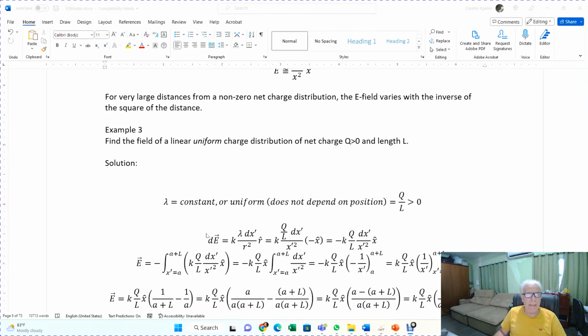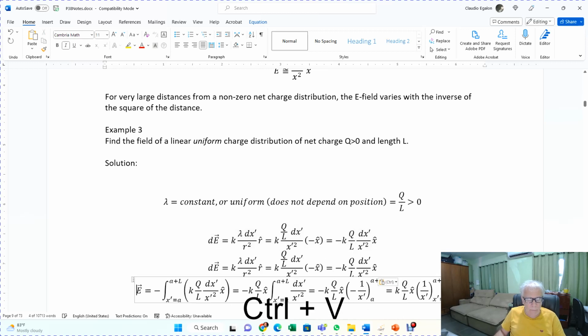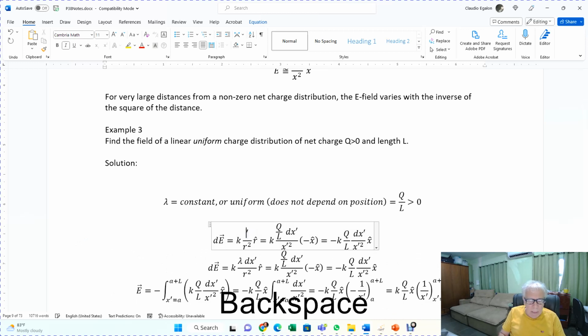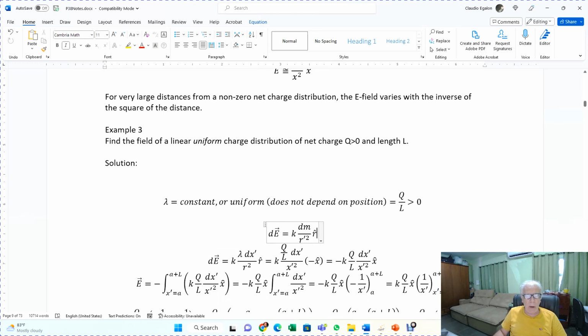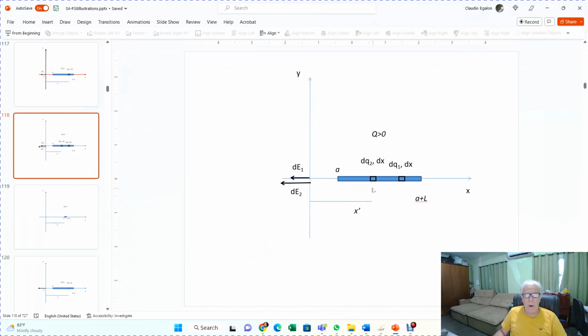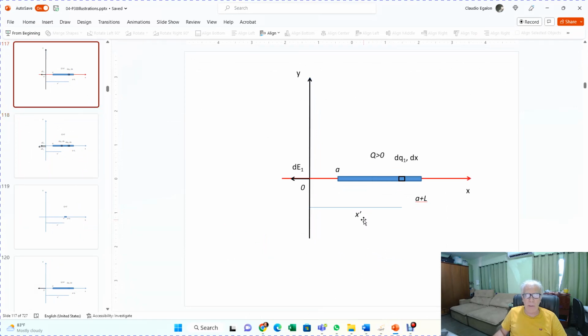So here we go. The infinitesimal electric field is going to be given, just like we wrote before, by k dm over r prime squared. I am writing down r prime. What is r prime? r prime is the distance of the infinitesimal charge.